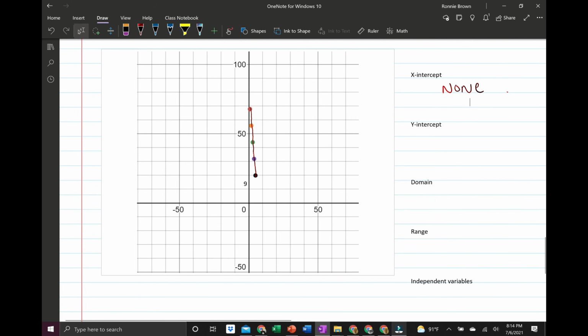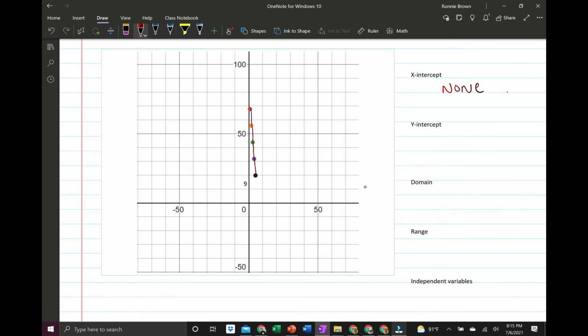If we were to extend it some more and do a few more minutes and do a few more calculations, maybe then it would cross somewhere right here, and we would name that ordered pair the x-intercept, whatever it was. Now we're looking for a y-intercept. So don't let this fool you. Again, the y-intercept is where it touches or crosses the y-axis. It looks as though it's touching, but that's only because I had to zoom out.